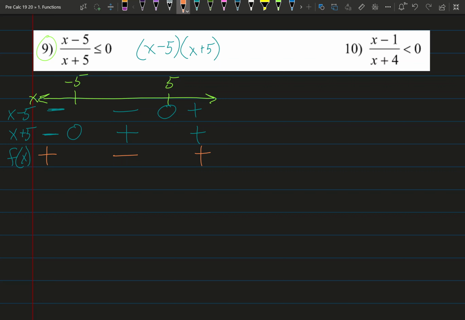The difference is when we bring our zeros down. When x is equal to 5, our numerator of the x minus 5 is going to be equal to 0. 0 divided by any number that's not 0 is going to be 0. Okay, cool. Looks exactly the same. When x is equal to negative 5, x plus 5 is in the denominator, and we can't divide by 0.